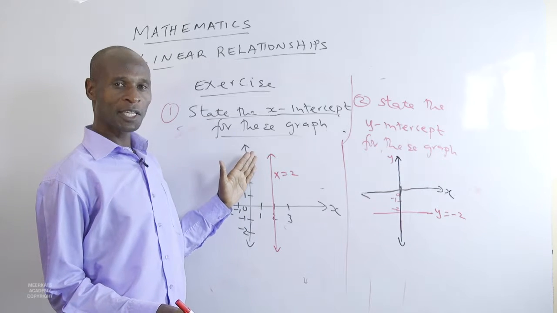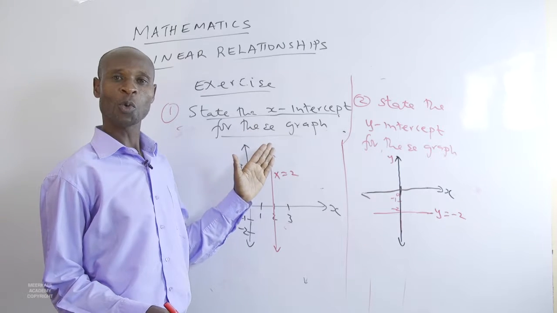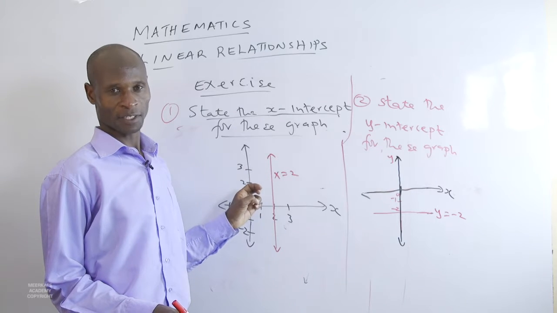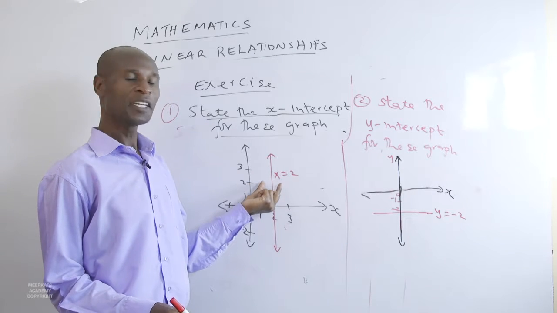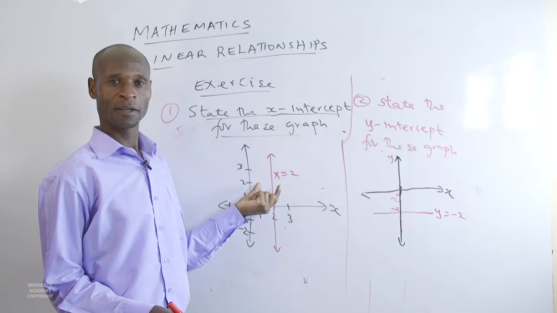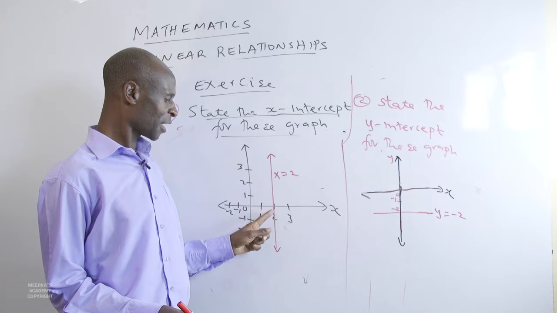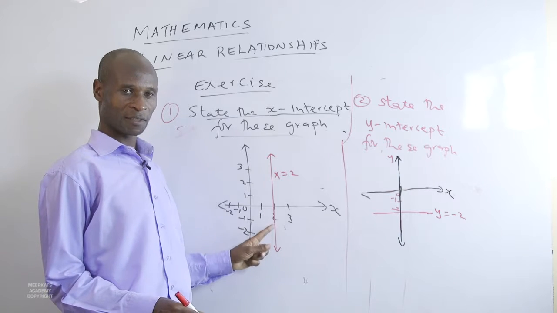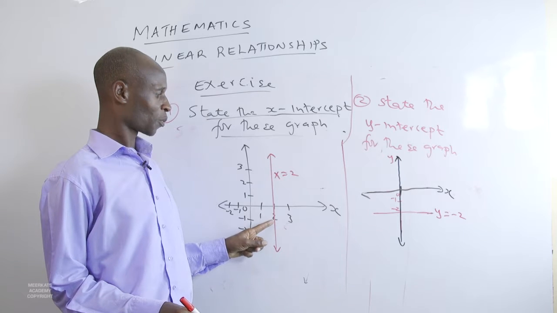For you to be able to state the x-intercept correctly, you need first of all to understand the definition of the term x-intercept. In our previous lesson, we did mention that the x-intercept is a point where the graph cuts the x-axis. In this case, this graph is cutting the x-axis at 2.